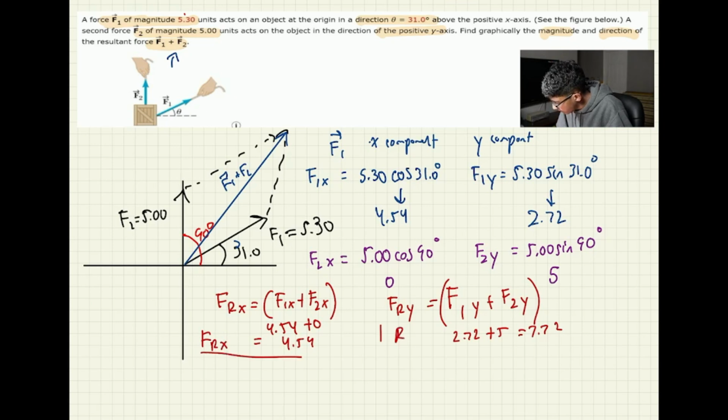Okay, we're almost done. We just need to find the total magnitude of it. So what you need to do is just use the Pythagorean theorem.